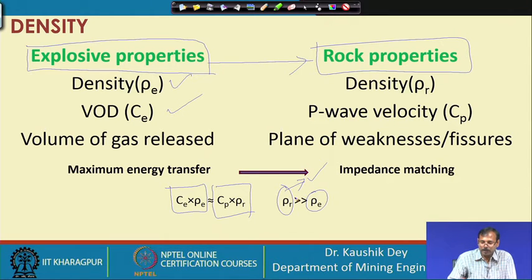The density of explosives which we use nowadays ranges between 0.85 and 1.6 or 1.7, something like that. So, the density of the explosive is generally lower than the density of the rock. In sandstone or limestone, the rock density is in and around 2.5.